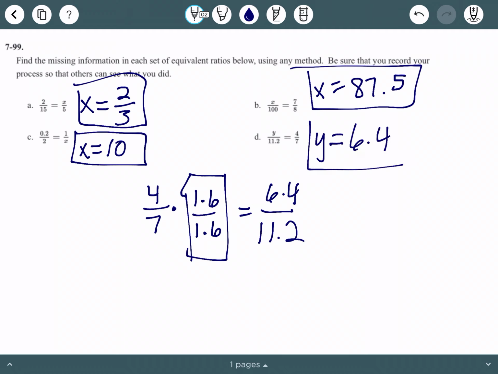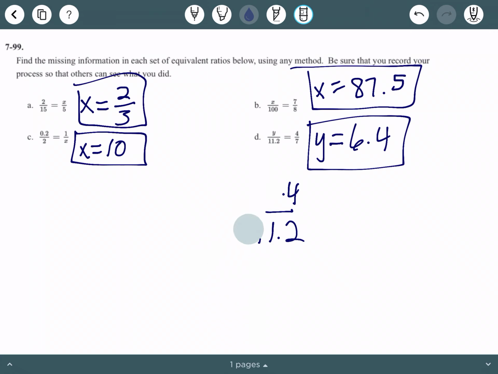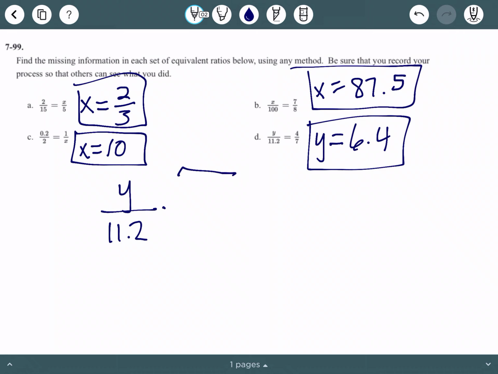Now I do want you to know how to do this if the variable is on the left side as well. So I'm going to go through that way also. So when we have it on this side, y over 11.2, we're multiplying by a giant 1 to get to 4/7.